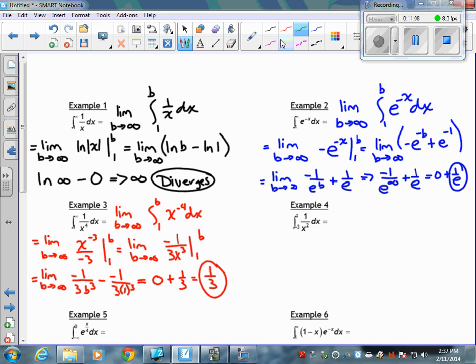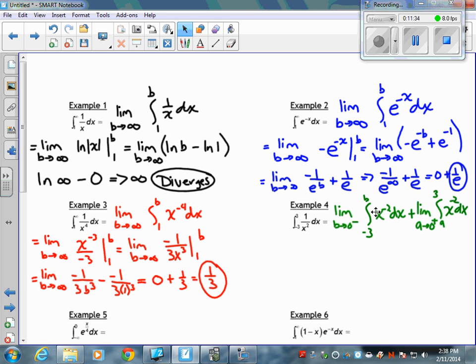On the left, we have the integral from -3 up to b of x to the -2 dx, plus my other side limit, as a approaches 0 from the positive, of the integral from a to 3 of x to the -2 dx. So I've broken this into two separate integrals with two separate limits, and I'm just going to evaluate each one.